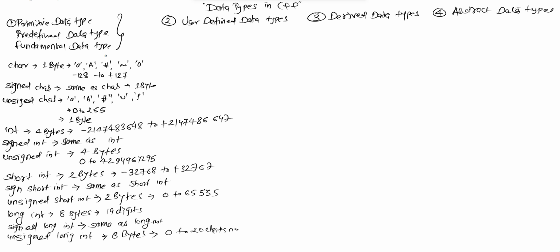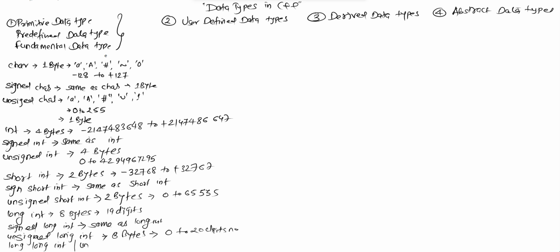Now this was for storing numeric value. Then we also have long integer, and we can have unsigned long integer also. We can have signed and unsigned.